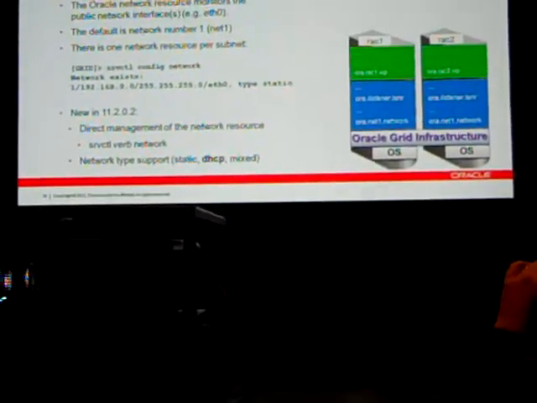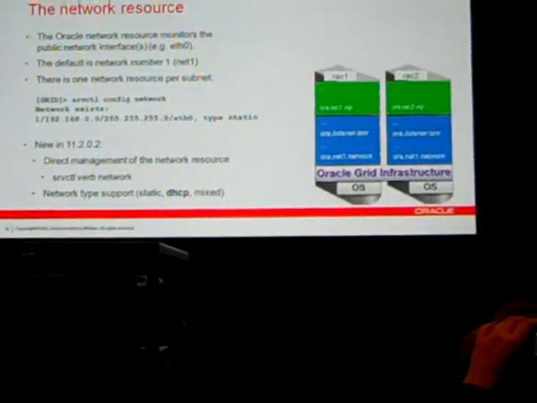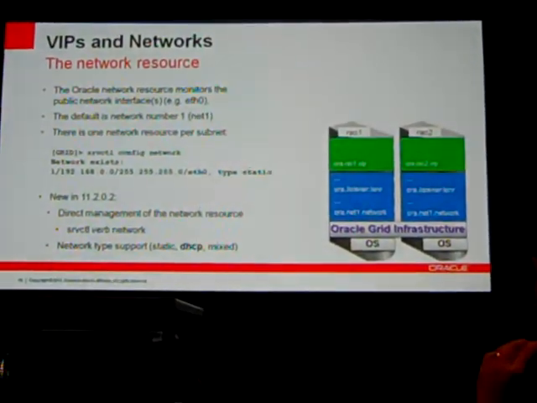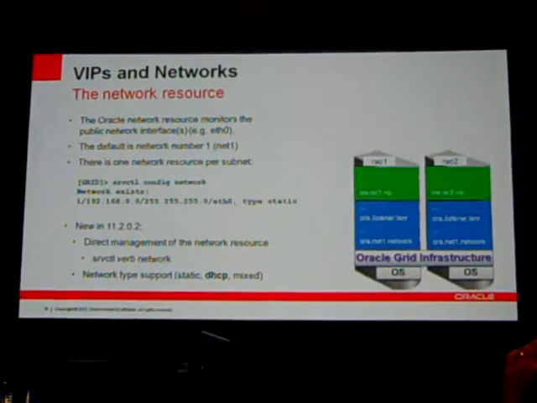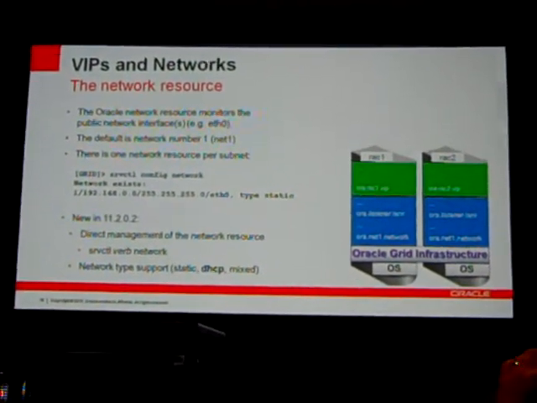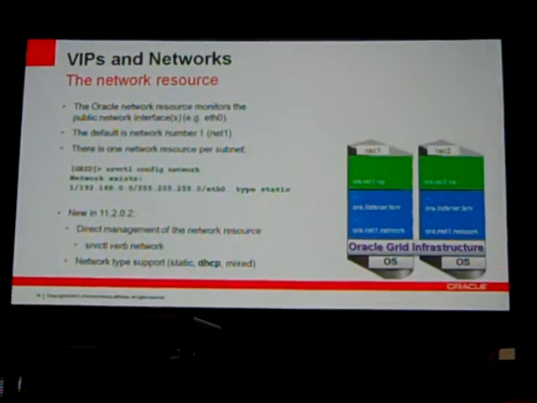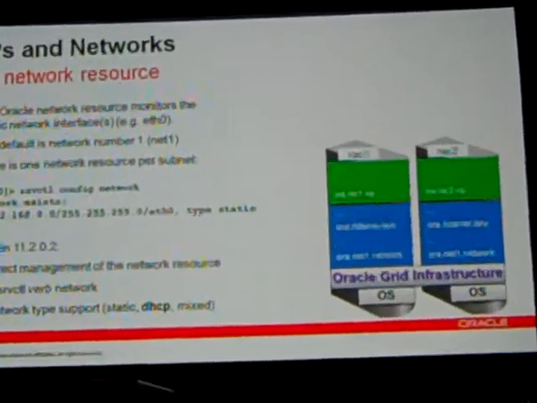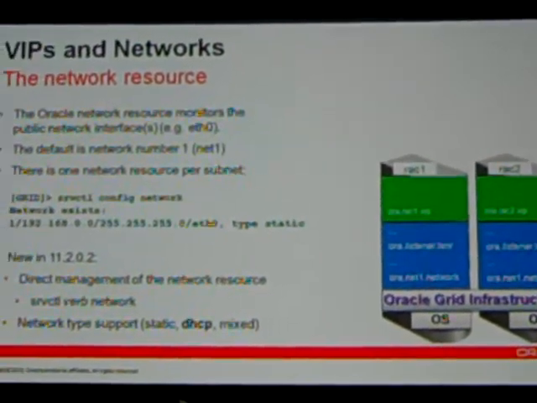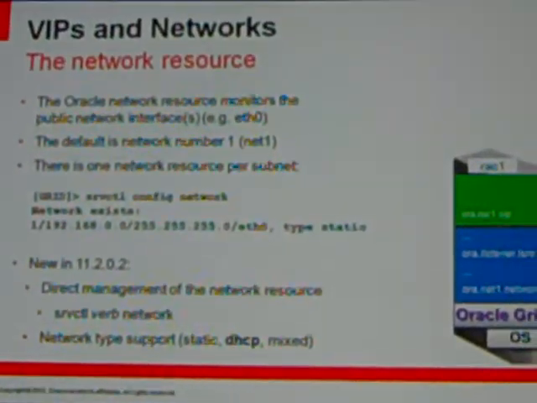All this actually remains. If you want to look into it, especially in 11.2.0.2, we have made a command available so that you can actively work on the network, so srvctl config network, for example, or modify network. In 11.2.0.1, we didn't have this explicit command, but quite frankly, not so many are using it in this context.